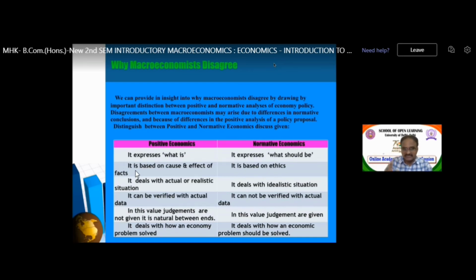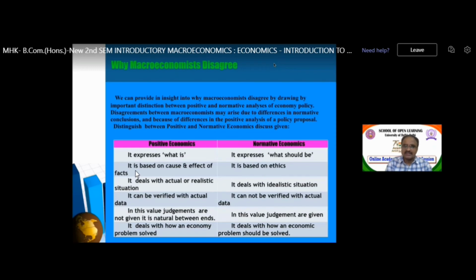It gives suggestions and so on. So that is normative economics. Also, positive economics is based on the cause and effect of facts, but normative economics is based on ethics. That means positive economics expresses what the cause is and what the effect is, but normative economics simply speaks in terms of ethics.